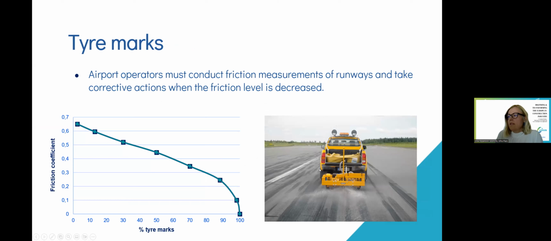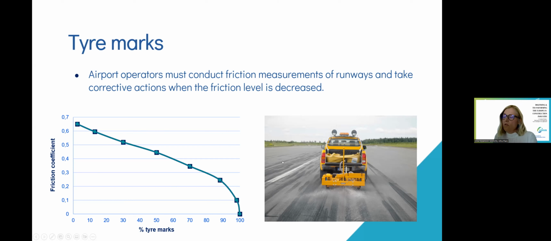A regular or standardized test is performed by cars, which is testing the friction coefficient. Based on our empirical data from one of our airports, we have developed a curve, which is a correlation between the friction coefficient and the tire marks percentage.